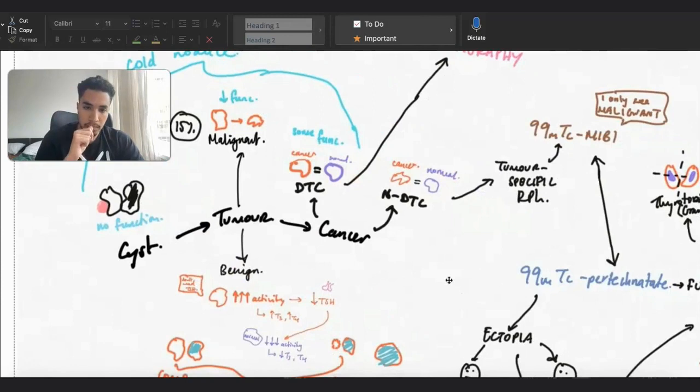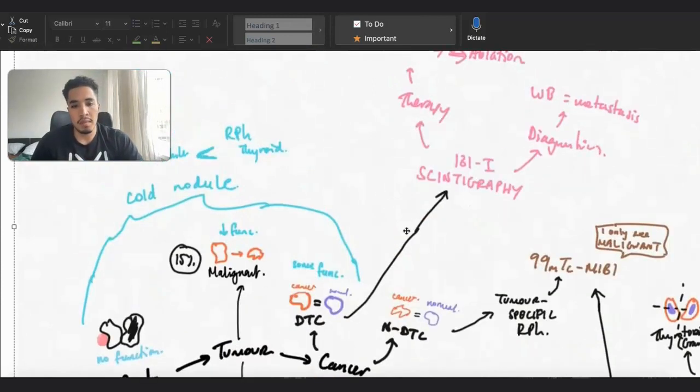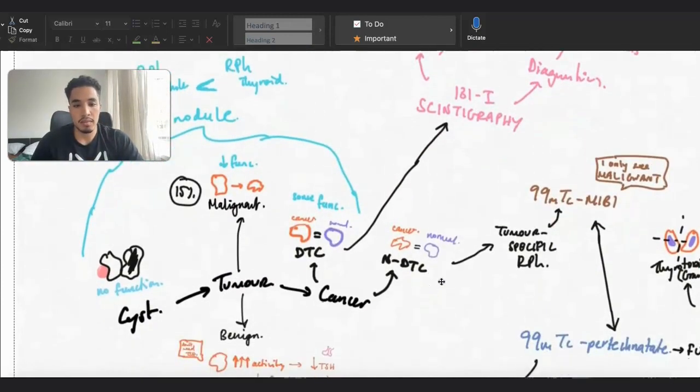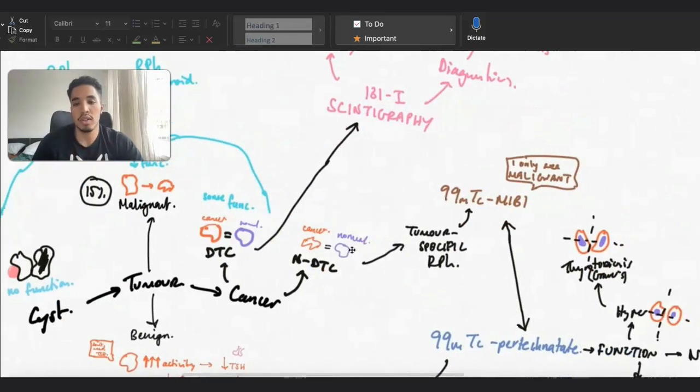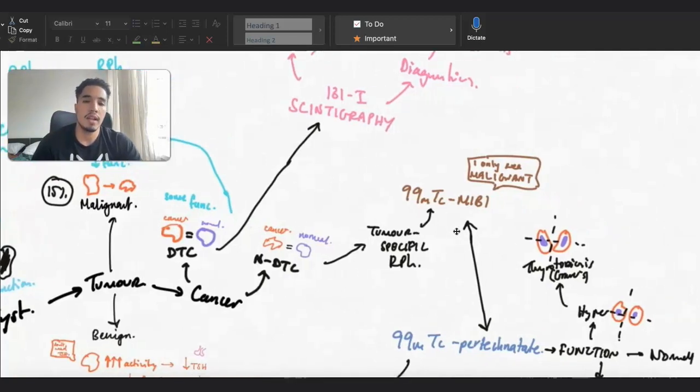I also want to talk about non-differentiated cancer. So I said before, non-differentiated cancer is when the cancer cell is nowhere near the normal. So how do we distinguish what is normal from the cancer cells? Well, we can use a specific type of radiopharmaceutical called 99 technetium MIBI. I don't know what it stands for, but all I know is it's a very tumor-specific radiopharmaceutical.